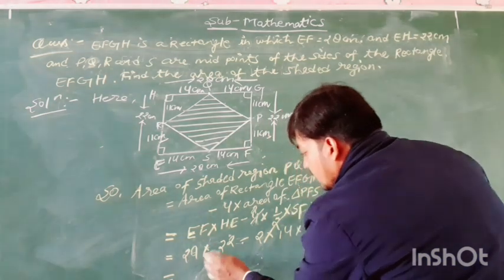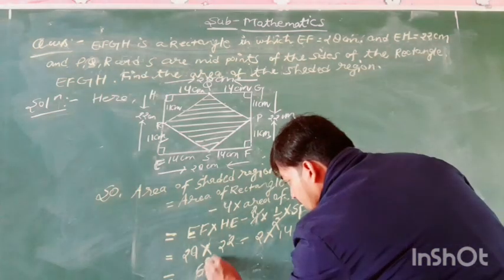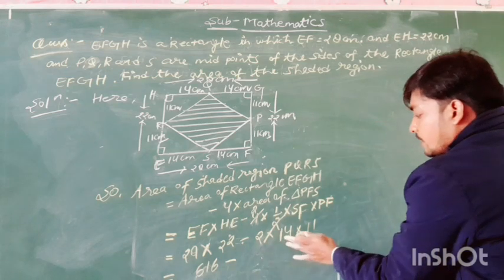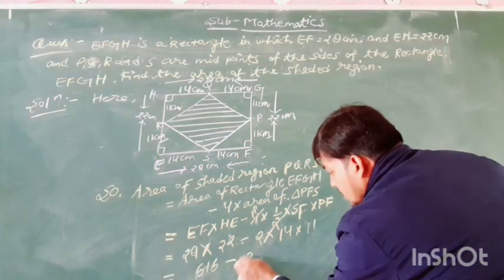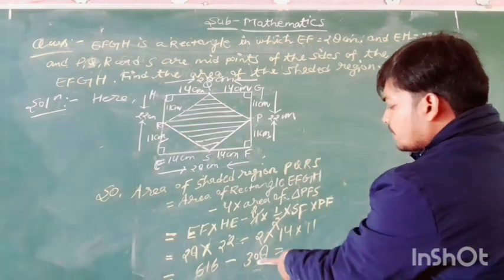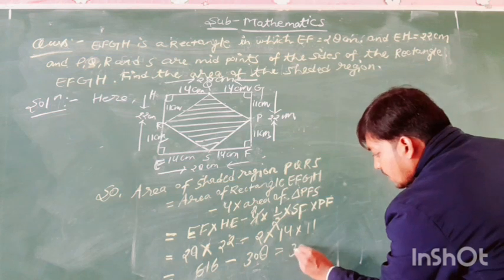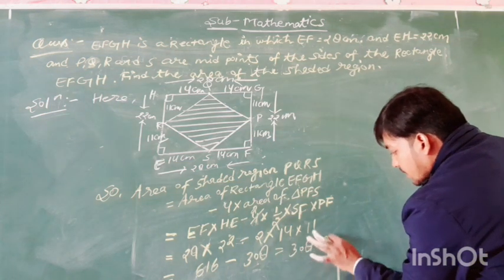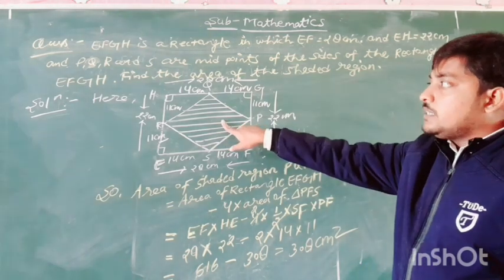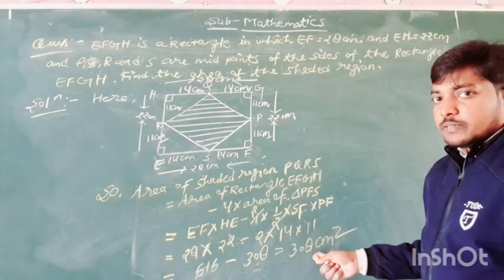When 28 and 22 is multiplied each other, we get 616 minus the product of 2, 14 and 11, which is 308, and after subtracting 308 from 616, we get 308 again centimeter square. So the area of the shaded region PQRS will be 308 centimeter square.